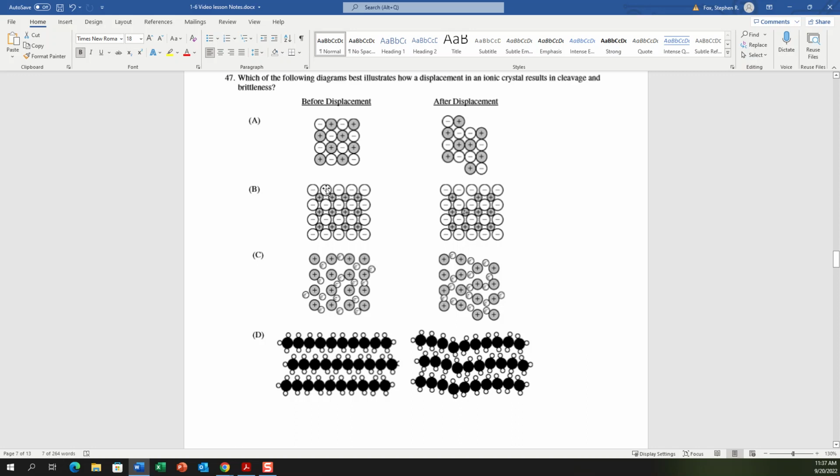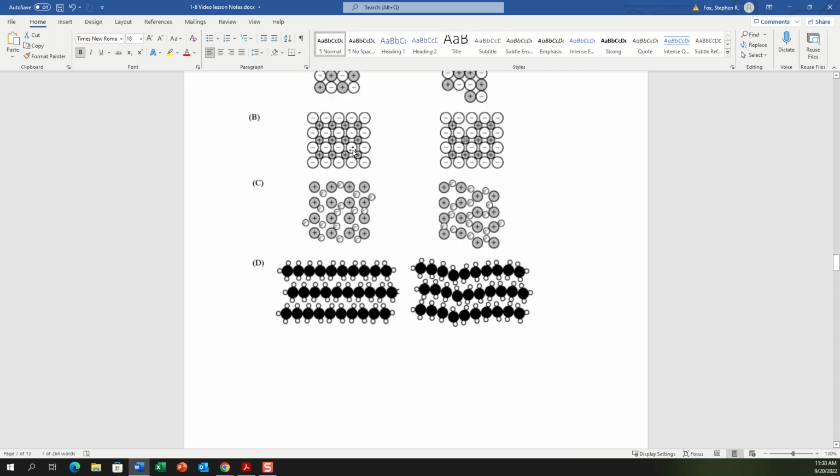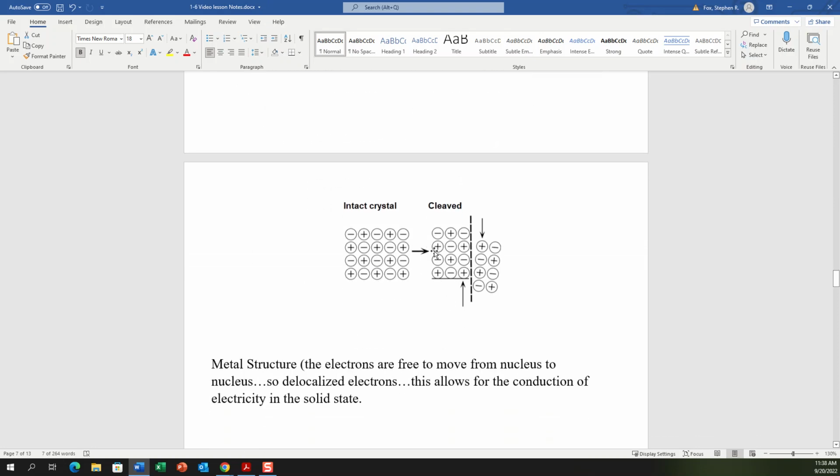Negative, positive, right? But this one's showing before the cleavage, after the cleavage. So before the cleavage, we got our normal ionic structure. And then the cleavage is when the minus is next to the minus and the plus is next to the plus. Okay, so just kind of showing you an example of when these structures are going to be shown on the AP exam. All right, so just another example, the intact crystal and then the cleaved crystal.